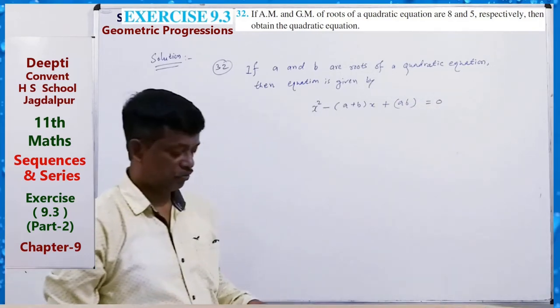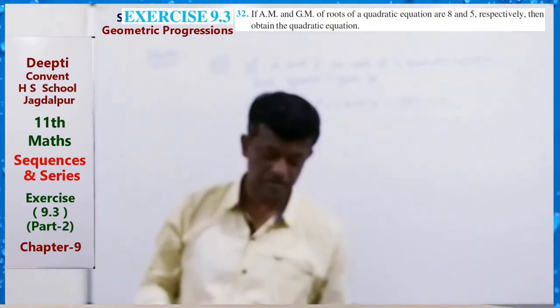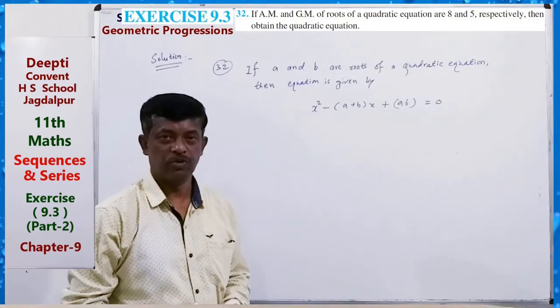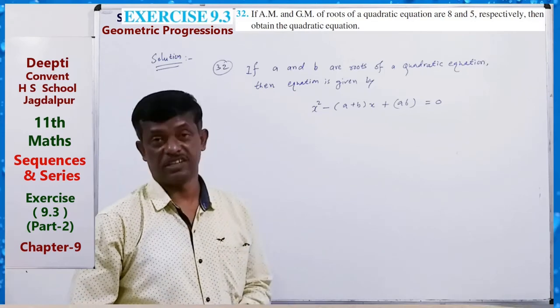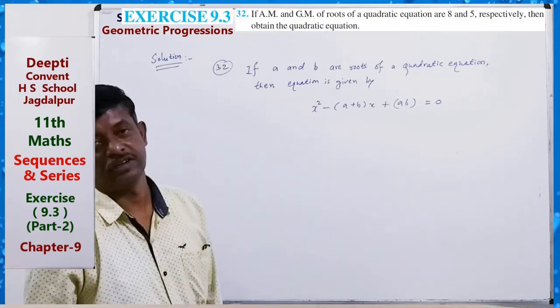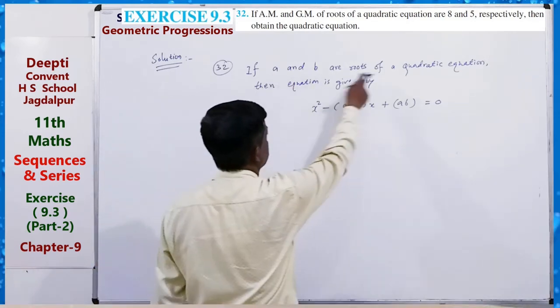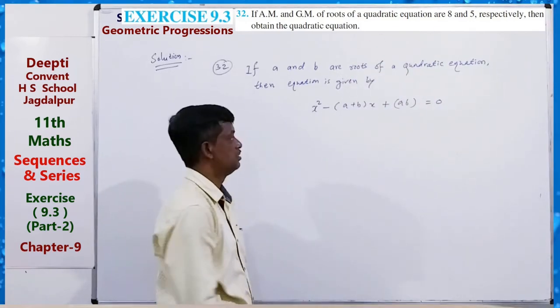This is our formula. Okay. So we have to obtain the quadratic equation. Just we have to find this equation. Here a and b are roots of this quadratic equation.